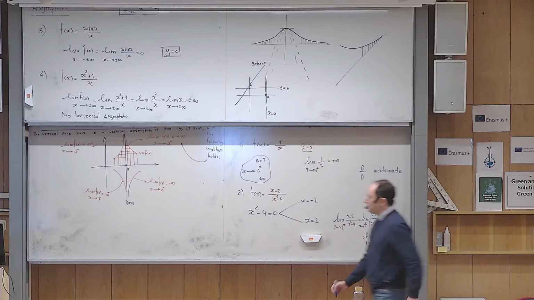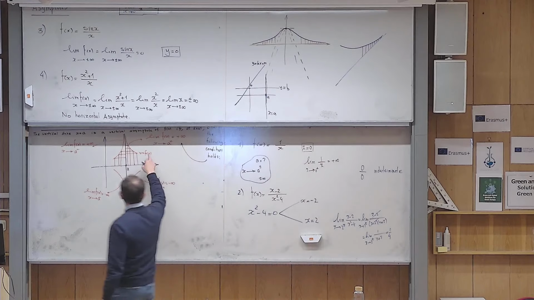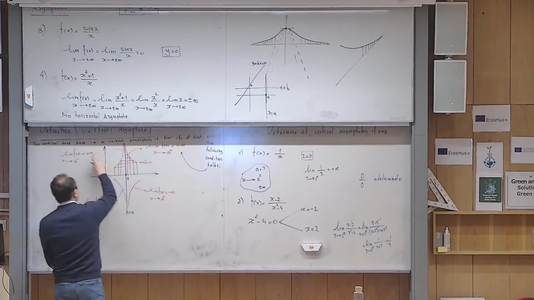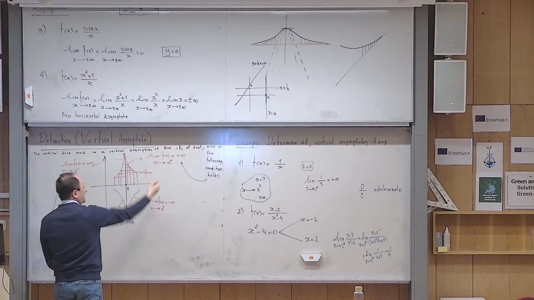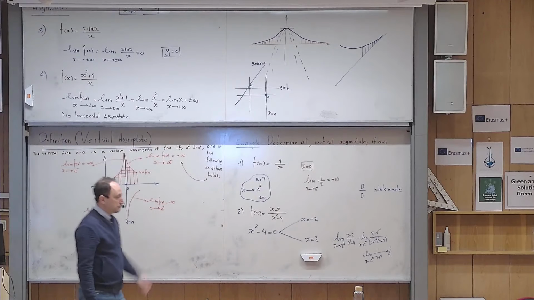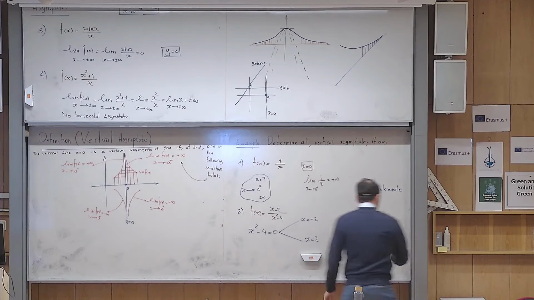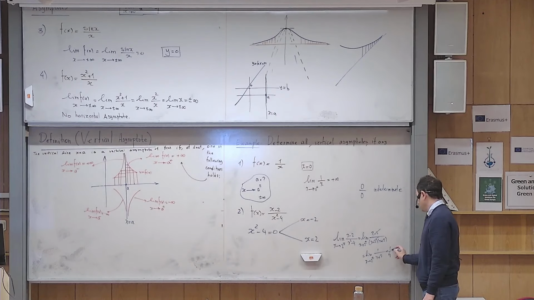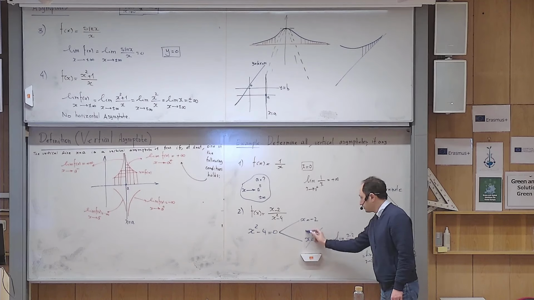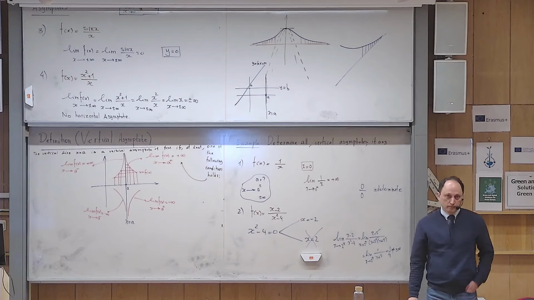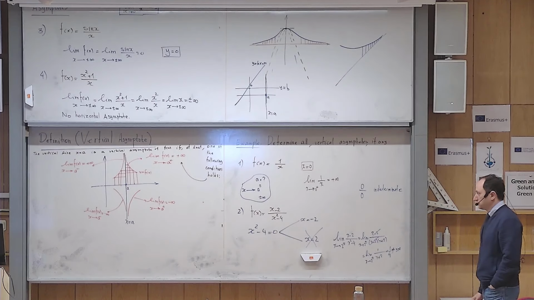But I demand to have infinity. You see, in all cases the answer should be infinity, but the answer is not infinity. So this is a fake one. It's not equal to plus or minus infinity, so x equals 2 is not acceptable. It's not a vertical asymptote.